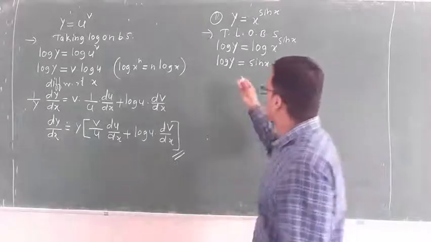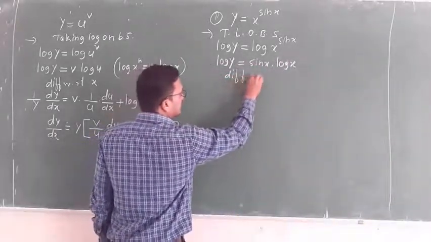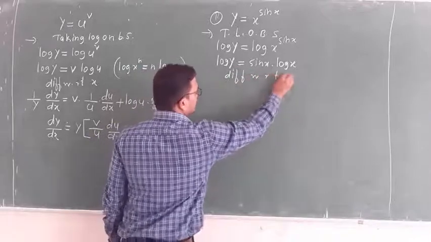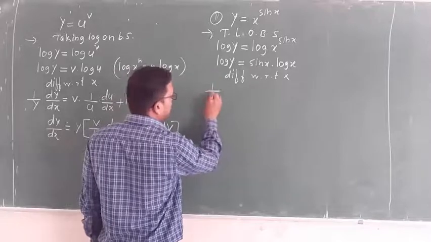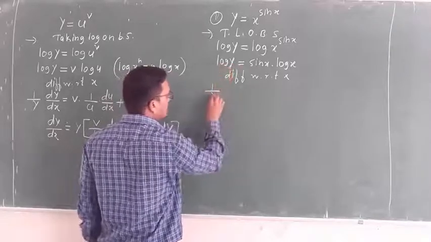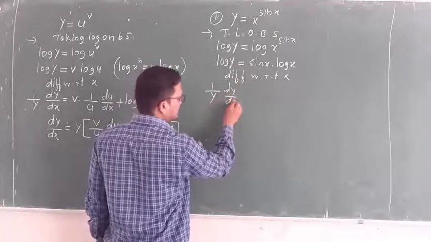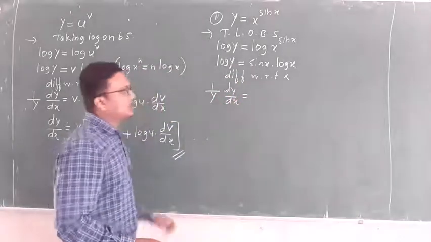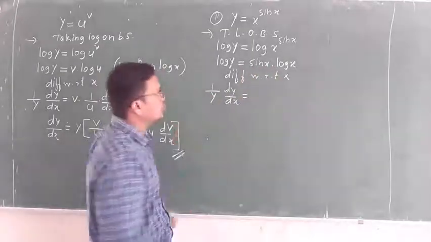Once we apply the property, we differentiate with respect to x. The derivative of log y is 1 by y into dy by dx, which is equal to, now this is a product of two functions, so you apply the product rule.